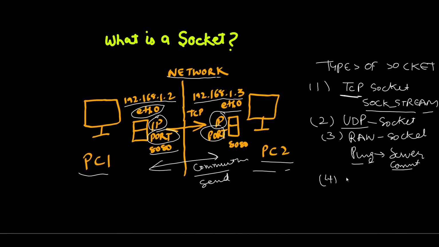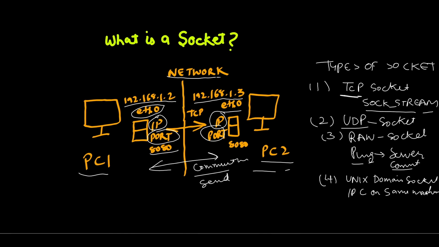The fourth type of socket is the Unix domain socket. This is used for IPC on the same system or the same machine.